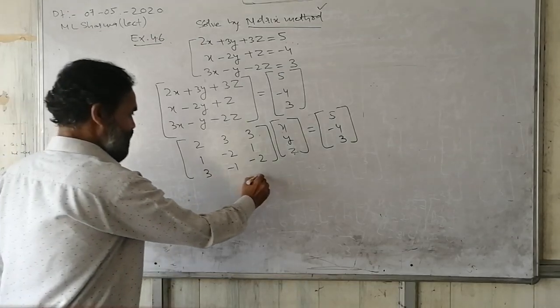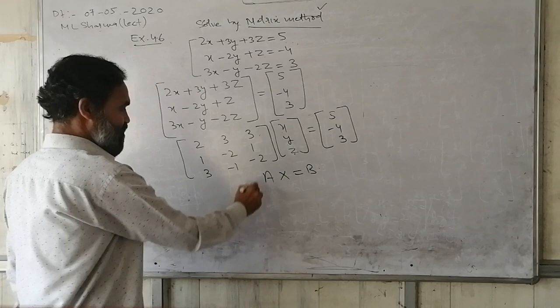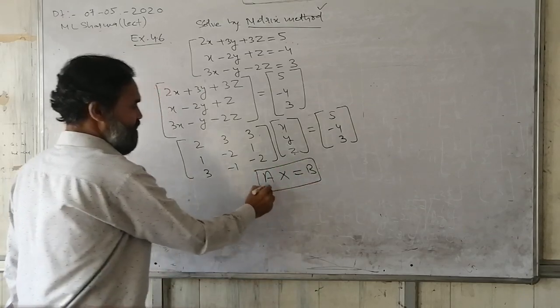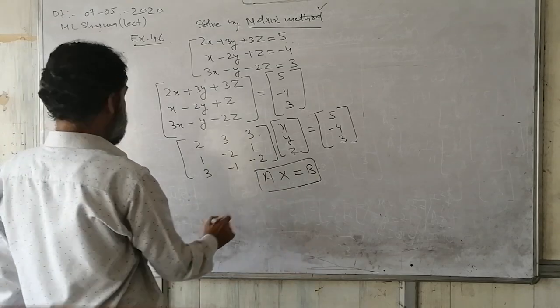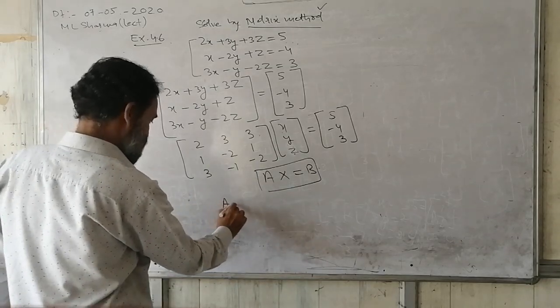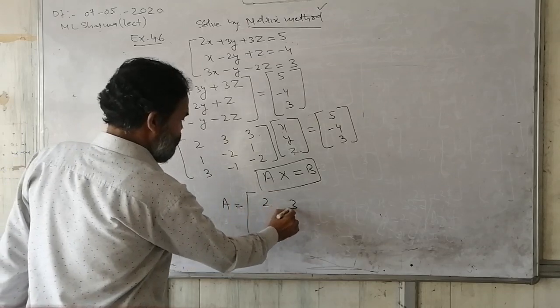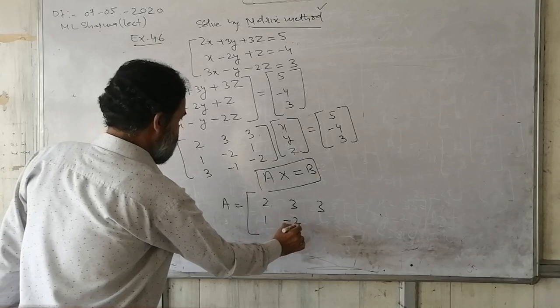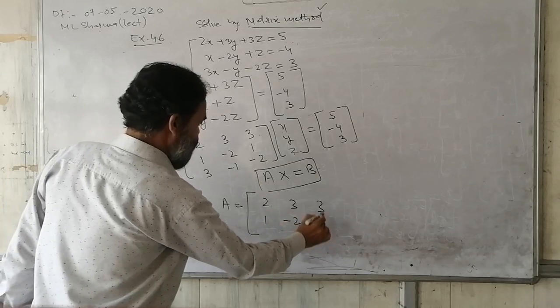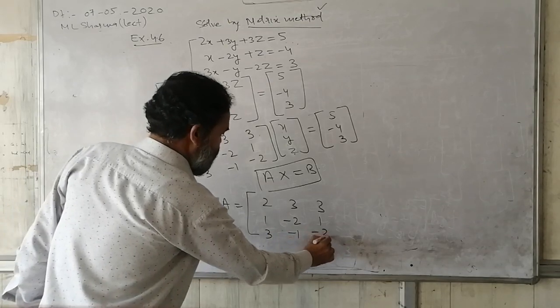So this can be written as AX equal to B. So this is the matrix form of the equation, where A is 2, 3, 3, 1, minus 2, 1, 3, minus 1, minus 2.